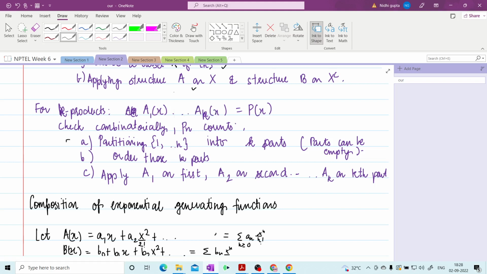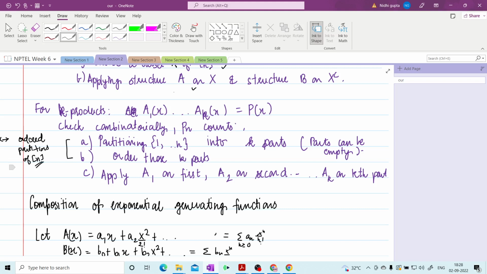These two steps have a one-to-one correspondence with choosing ordered partitions of n.